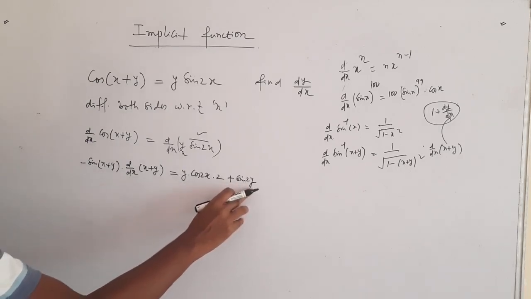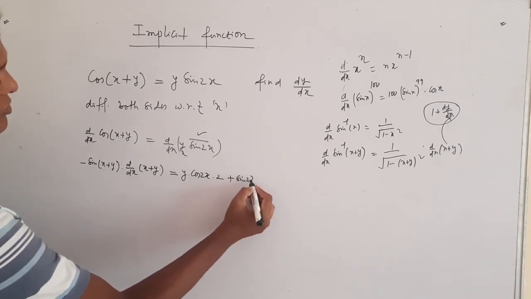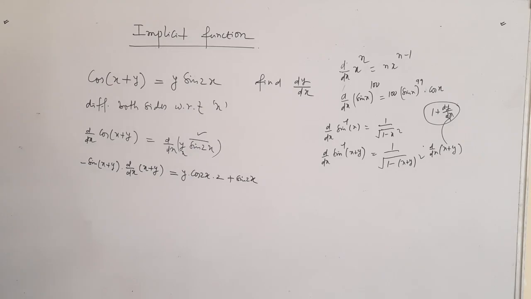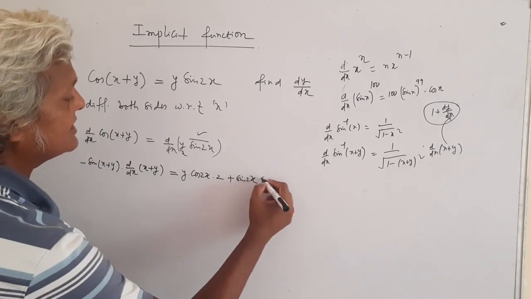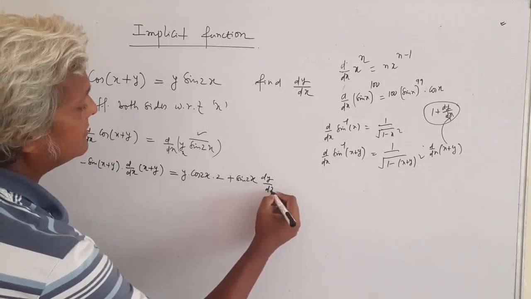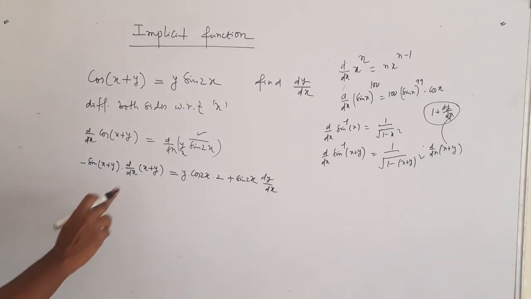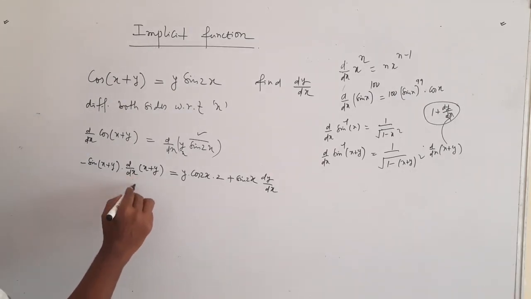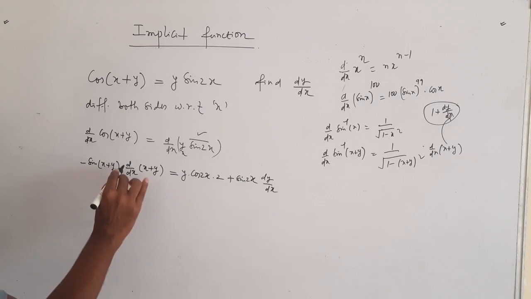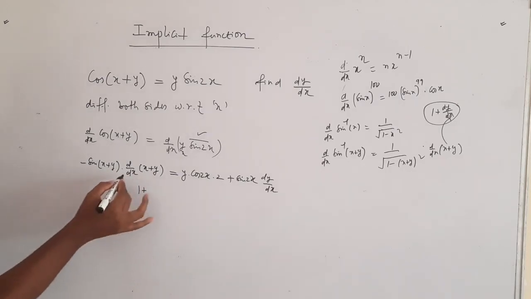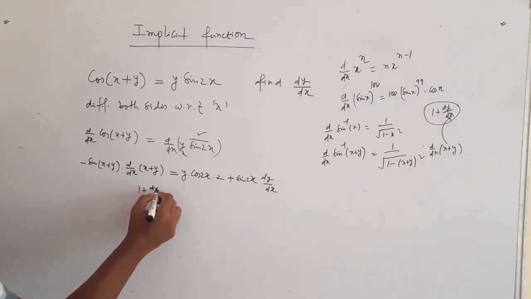Then the differentiation of y with respect to x is nothing but dy by dx. Now differentiate x + y: the differentiation of x is 1 plus the differentiation of y with respect to x, which is just dy by dx.